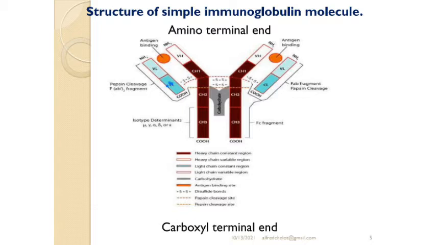This is the constant region of the light chain, and we have another one here. Then you can also see the constant region of the heavy chain, which for this immunoglobulin are 3. You have one here, another one here, and another one here. It's important for you to know that. Towards the amino terminal end is where we have the variable region, and towards the carboxyl terminal end is where we have the constant region. It's also very important for you to understand that.